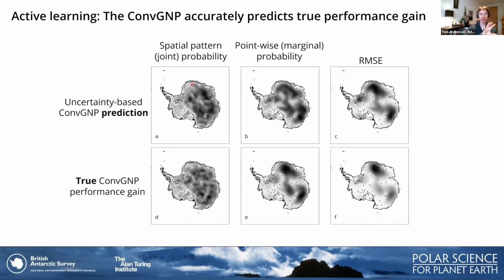And I mentioned these different notions of uncertainty. So the first column here is looking at uncertainty about the spatial patterns, so the joint uncertainty. The second column is showing uncertainty in the pointwise values, so the marginal uncertainty in machine learning terms. So that's ignoring the spatial patterns, ignoring the spatial correlations, and just looking at the pointwise values, those pointwise Gaussian distributions.